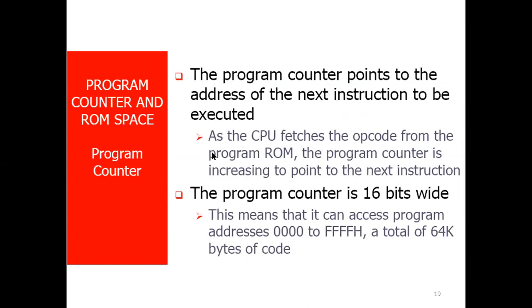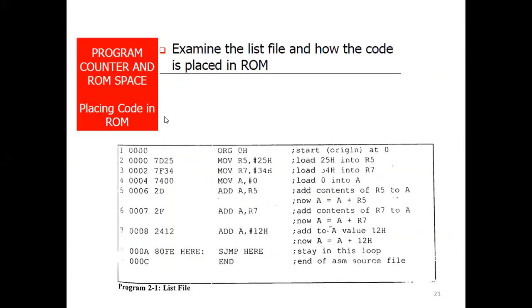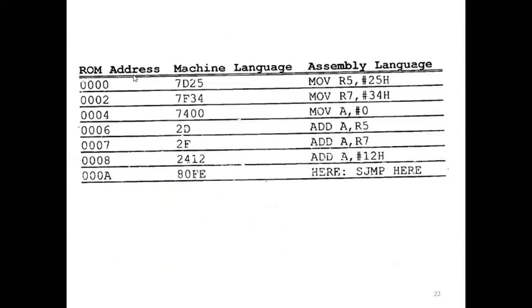It is 16 bits wide and has 64K memory capacity, with addresses from 0000H to FFFFH. Whenever the 8051 starts, the starting memory location is 0000H. Then, how is your program placed into the ROM code, the different memory locations? These are the ROM addresses.